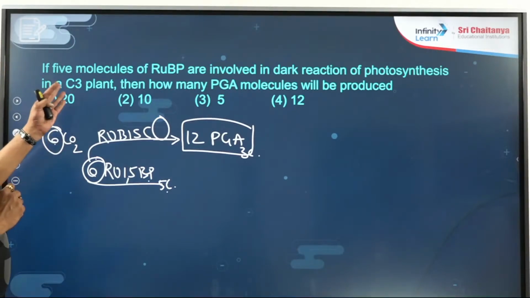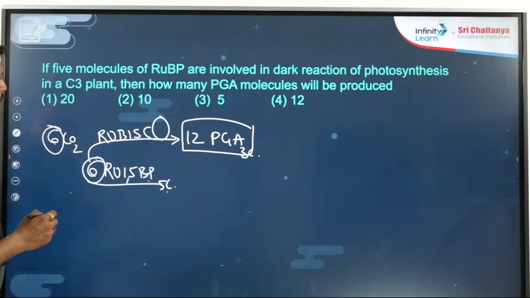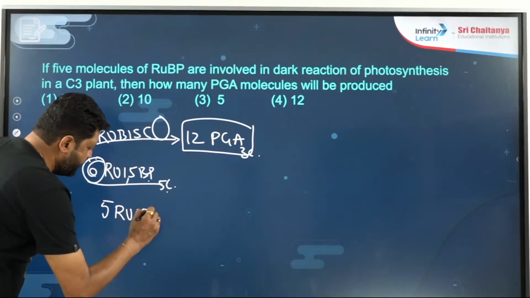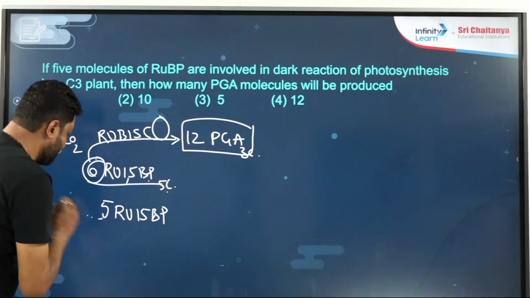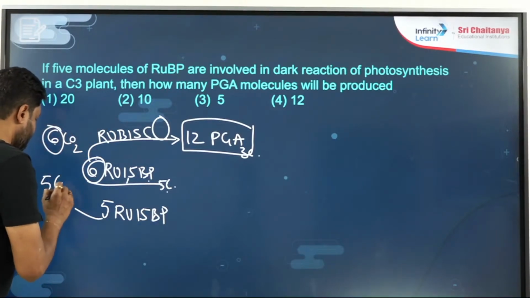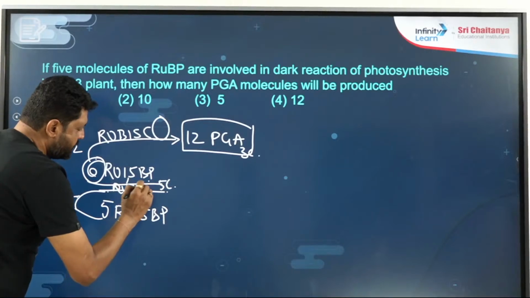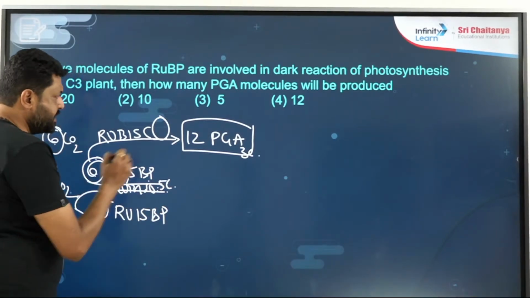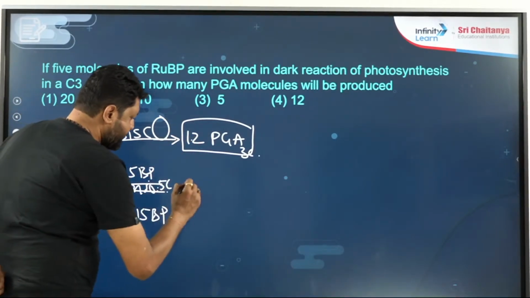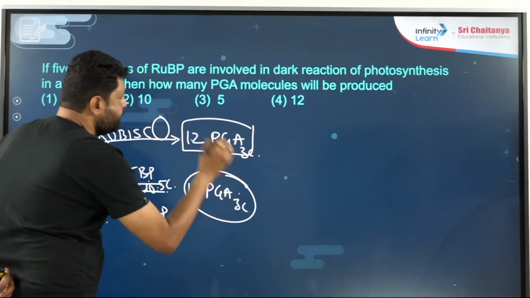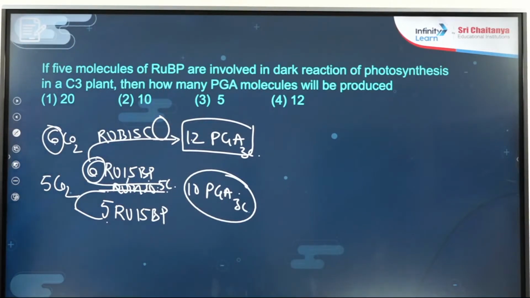But the question asked is, say, if 5 molecules of RuBP are involved, 5 RuBP, then add with 5 CO2, then tell me the activity of rubisco. Here it is 6, it is 12, then it is 5, it is 10 PGA molecules can be regenerated.